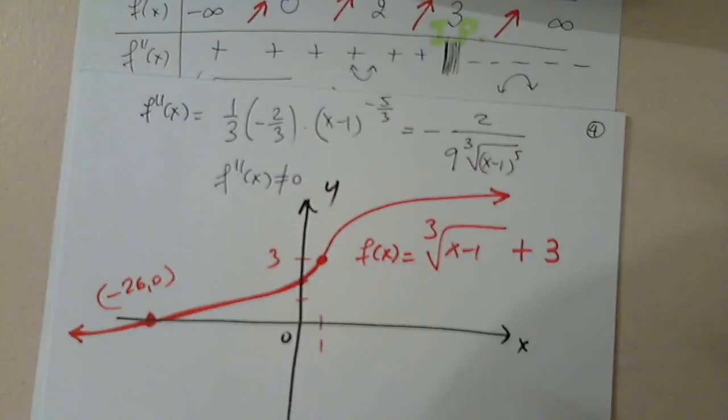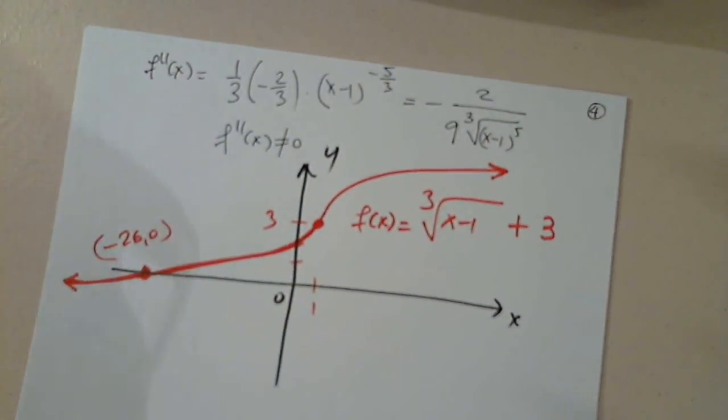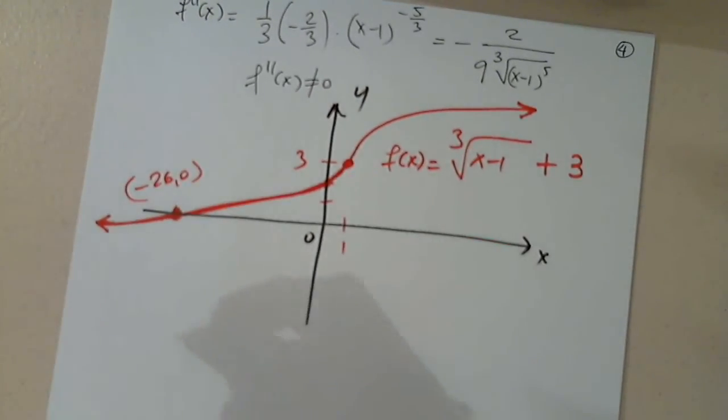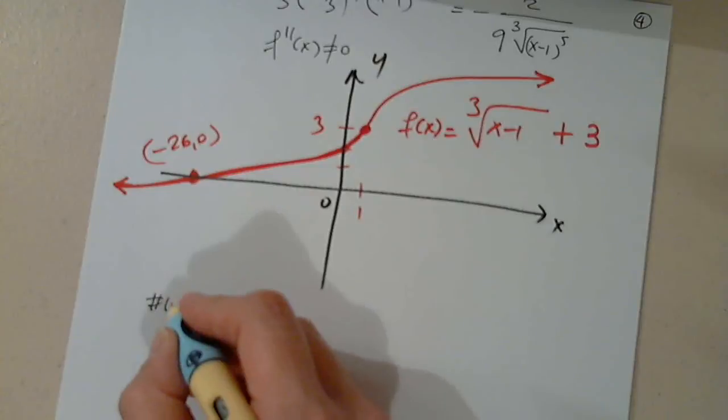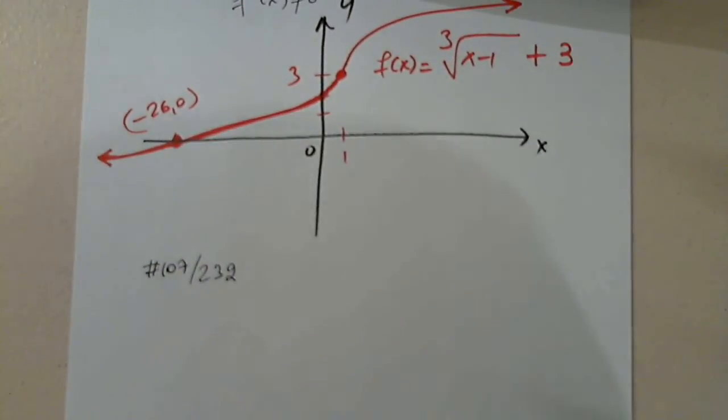I would like to look at a word problem here. On page 232, problem 107. We are told that a person coughs when a foreign object is in the windpipe.